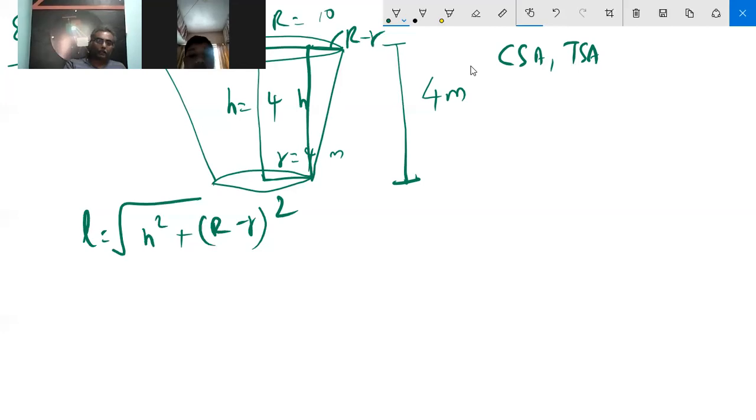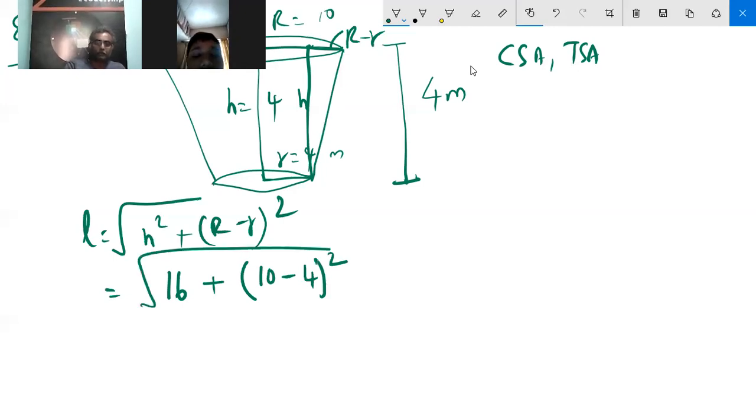Pythagoras theorem, apply that. What is H? 4. So H squared is 16. Please calculate fast. R is how much? Big R, 10. Small r is how much? 4.